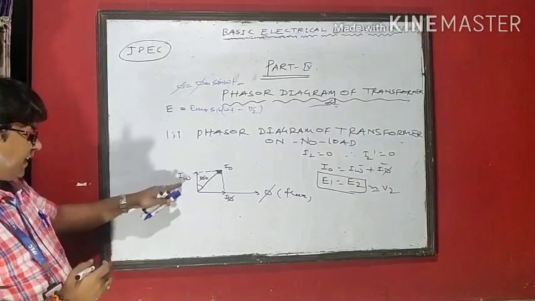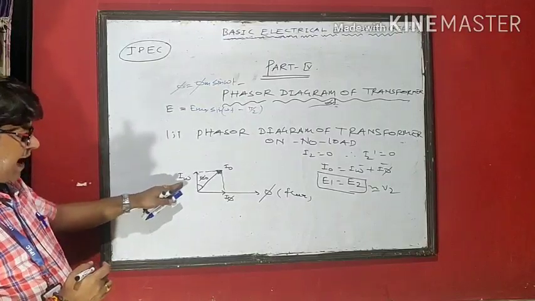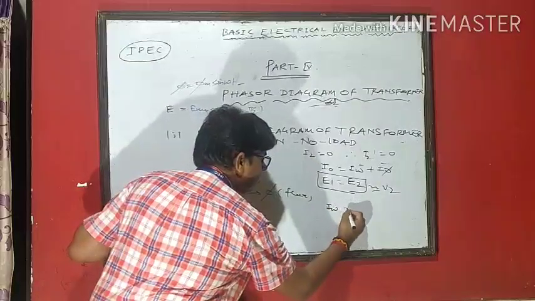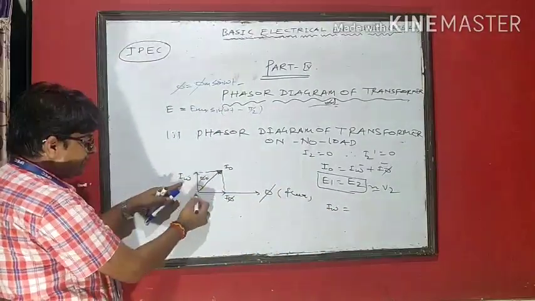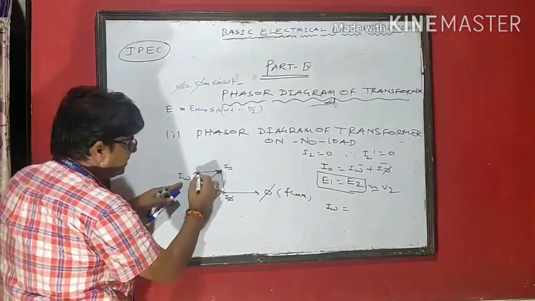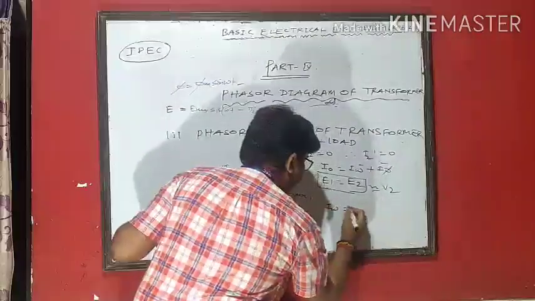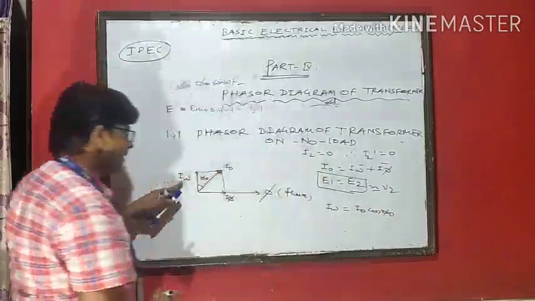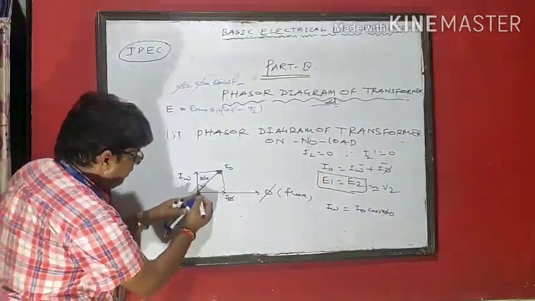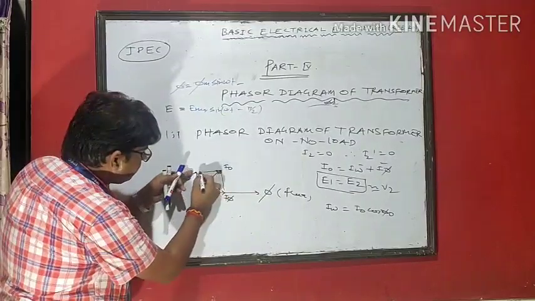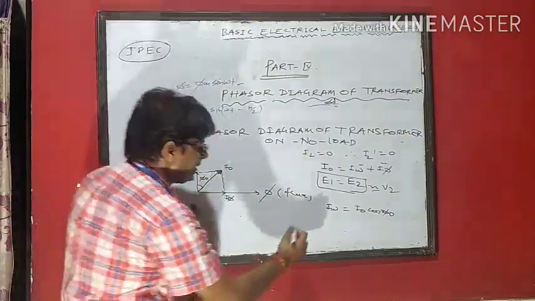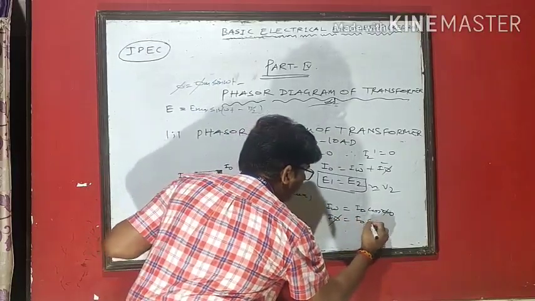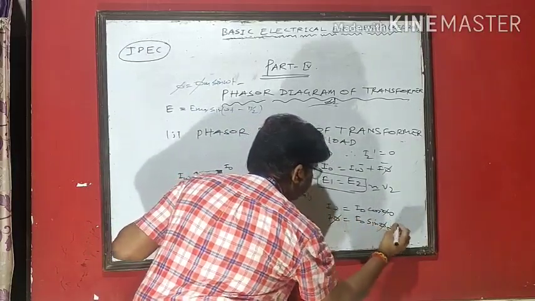From this diagram, what is the value of I W? I W equals I naught cos phi naught. Similarly, what is the value of I phi? I phi equals I naught sin phi naught.